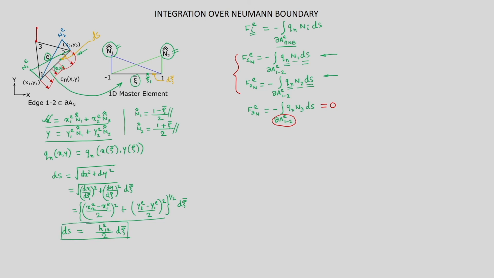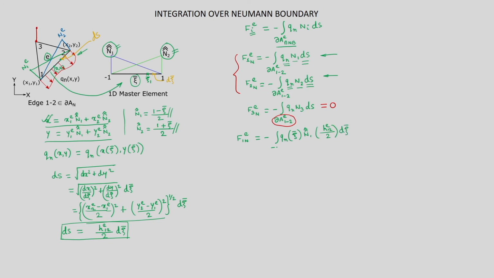So now let us evaluate f1n quickly. The Neumann boundary part f1n is minus the integration of qn, which we know in terms of xi bar, as we have discussed. n1 will be substituted by n1 double hat, and ds is basically h12 by 2 into d xi bar.